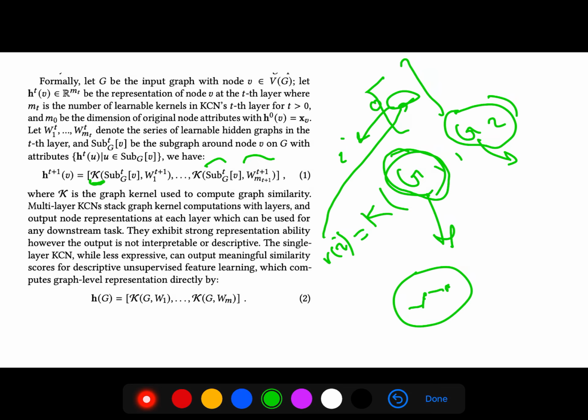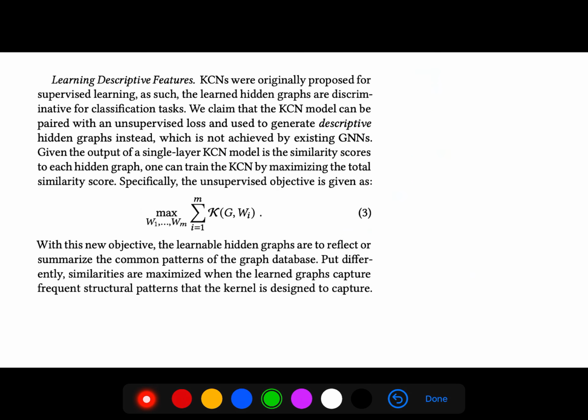It is very similar to that idea, but let's carry on. Learning descriptive features. KCN were originally proposed for supervised learning. As such, the learned hidden graphs are discriminative for classification tasks.